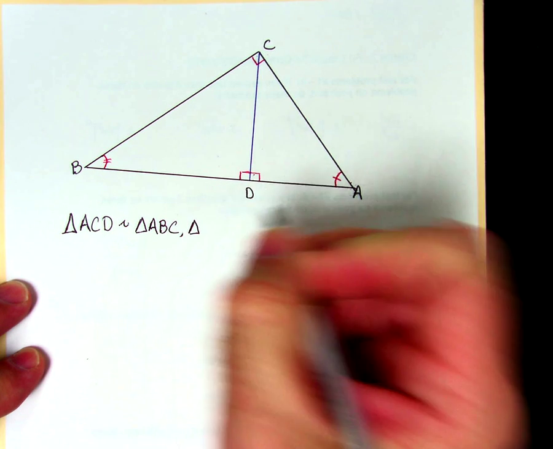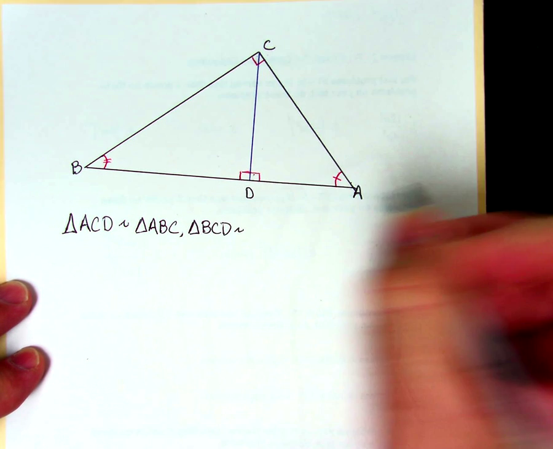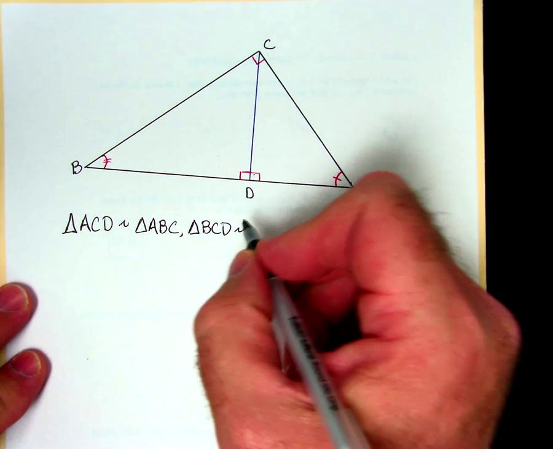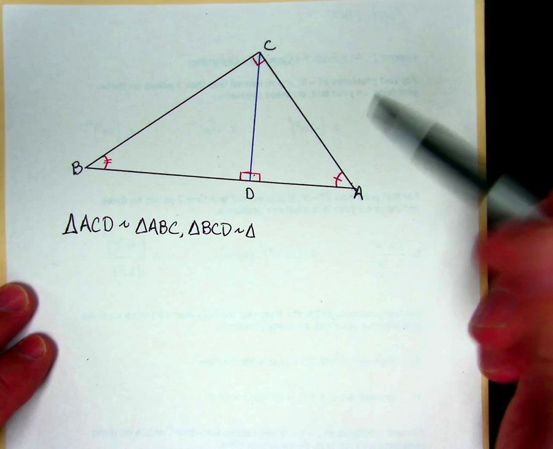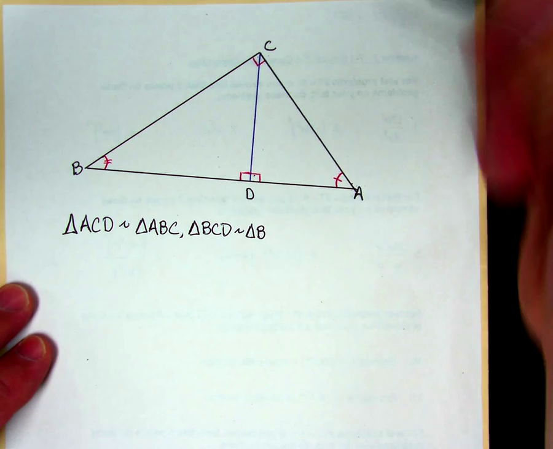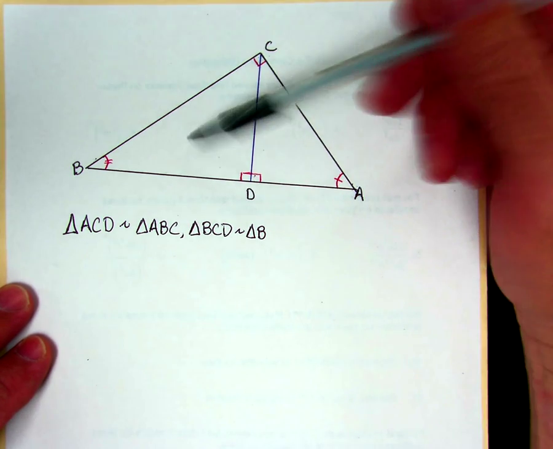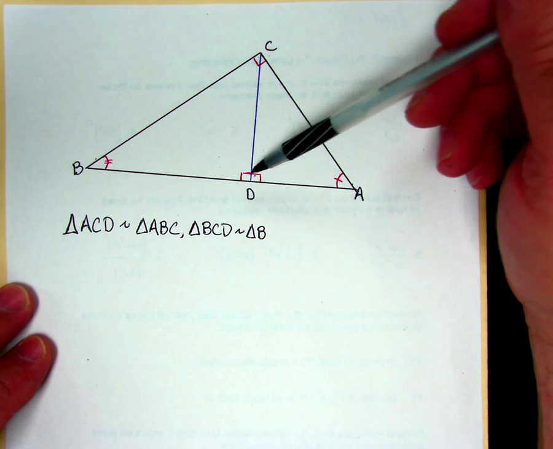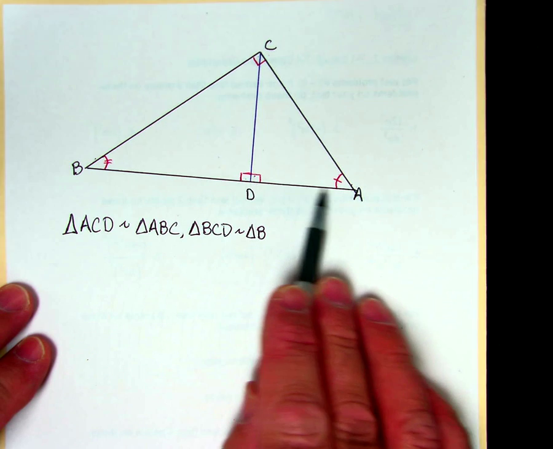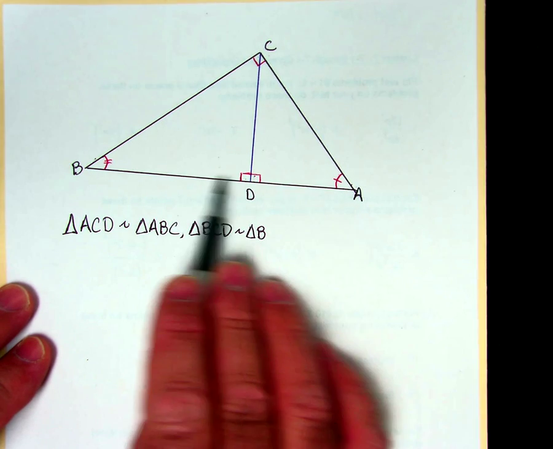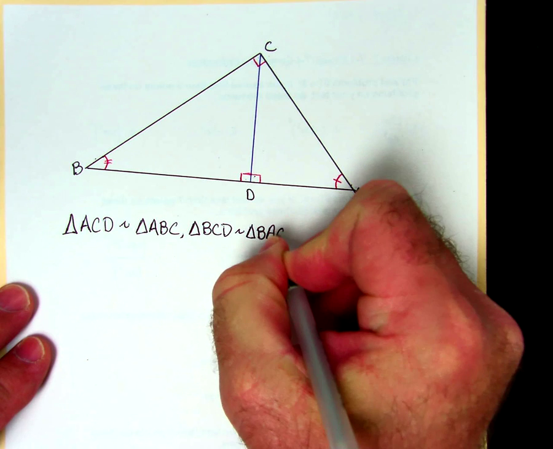So we could say that triangle BCD is similar to triangle, let's see, B would correspond to itself. So we go B to C, that's the hypotenuse in this right triangle, and we end at the right angle. So the hypotenuse in the large right triangle and then the right angle, we'd go BAC.